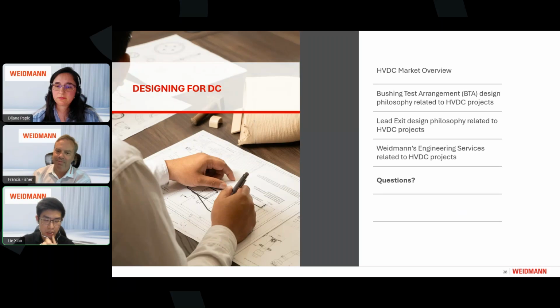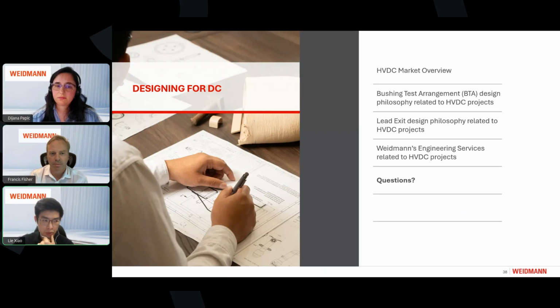But it's also essential that the insulation can withstand the stress. Moreover, thick insulation material has lower thermal conductivity, and we know that the conductivity is greatly influenced by the temperature. So this will potentially increase the local temperature, which will shift the conductivity ratio and impact the field between the oil and the pressboard.